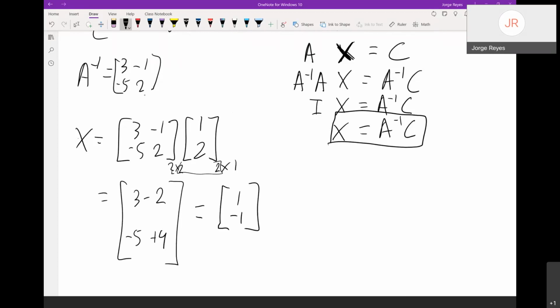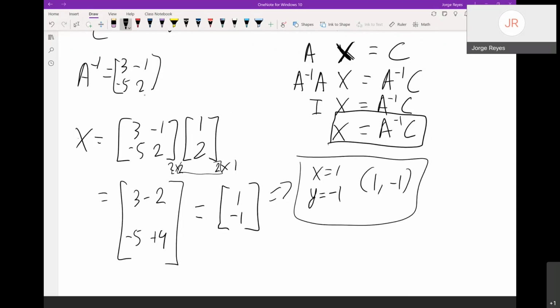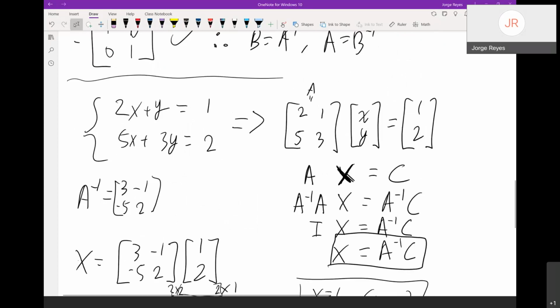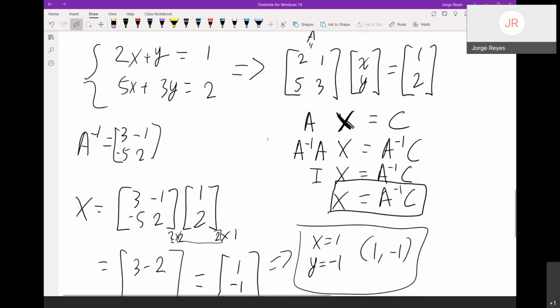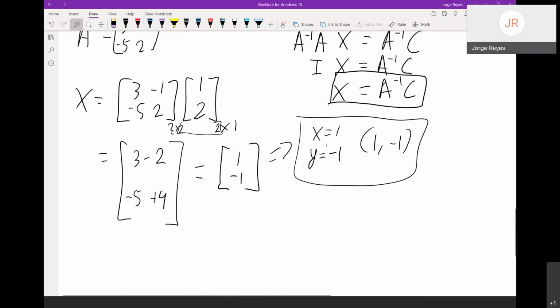That means x is 1, y is negative 1, or 1 comma negative 1. So this is how we would use inverses to solve a system: you make it a matrix equation and then you multiply the answers by A inverse, and then we get the answer.